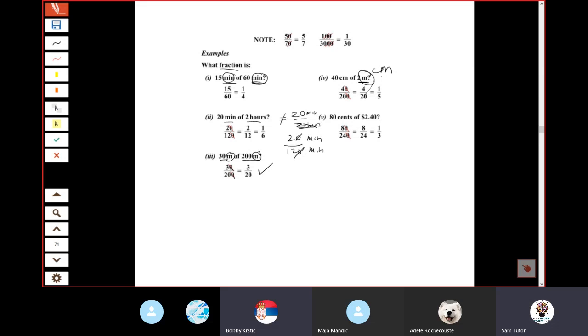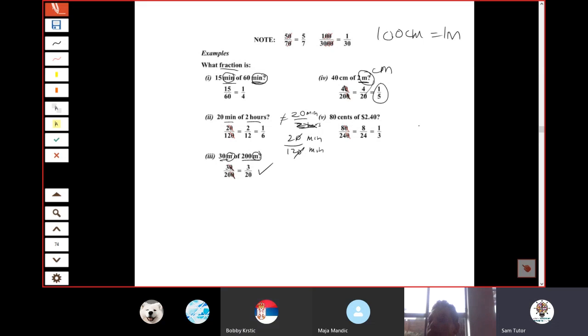How many centimeters are there in 2 meters? There will be 200, because 100 centimeters equals 1 meter. Then cross out the 0, you're left with 4 over 20, divide by 4, you get 1 over 5.